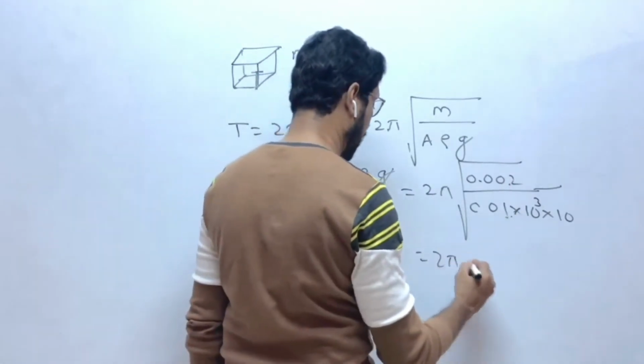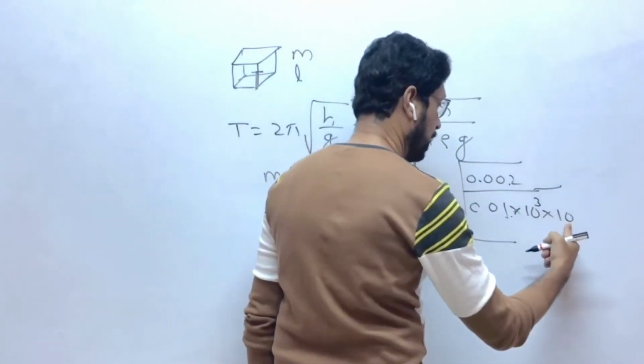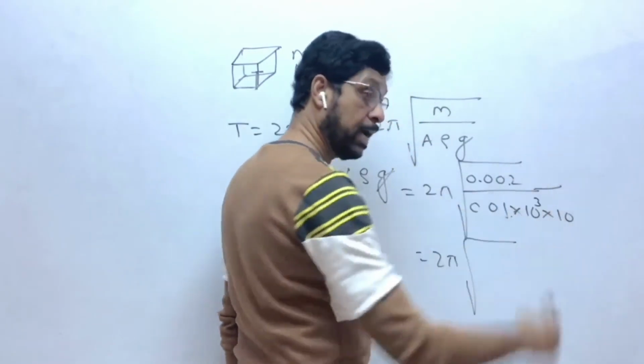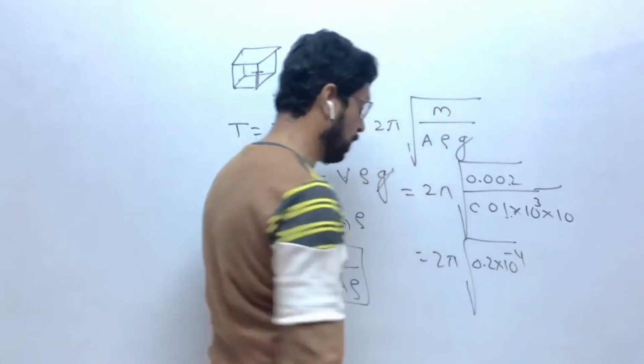will be 2 pi under root, this is 10 raised to 3, 10 raised to 1, that is 10 raised to 4, which goes up as 10 raised to -4, 0.2 into 10 raised to -4.